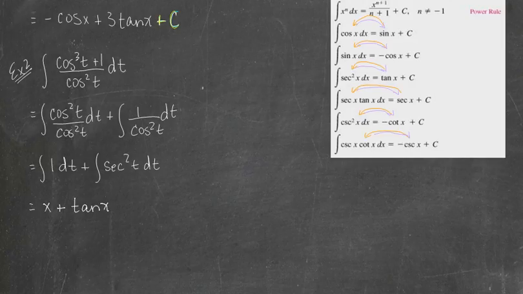And I've made a mistake here by changing my variables. So this would be t plus tan t, because the antiderivative of secant squared of t is tan t. And then the thing we never forget, because that would be a terrible, terrible sin, is plus c. So the solution for this antiderivative is t plus tan t plus c.